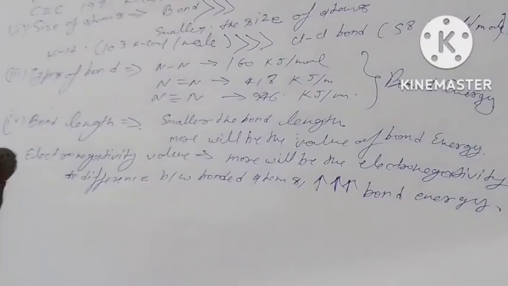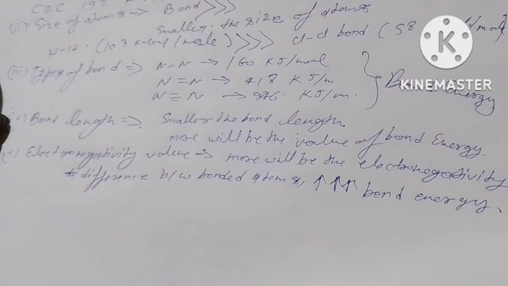Electronegativity difference in hydrogen fluorine is larger than hydrogen chlorine. Consequently, the bond energy for hydrogen fluorine molecules, 134 kilocalorie per mole, is greater than hydrogen chlorine, 102 kilocalorie per mole.